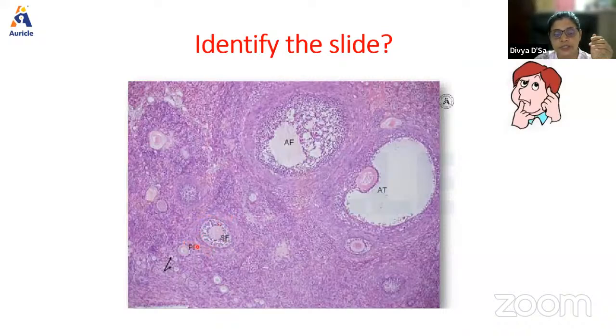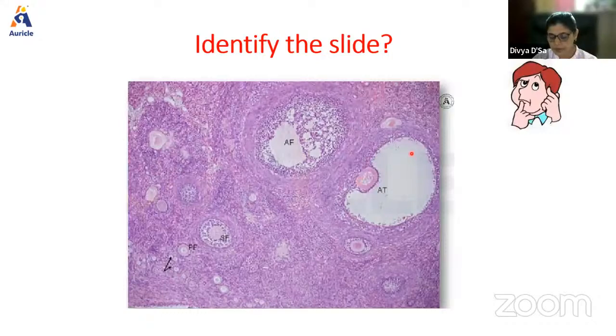Sorry, this is the primordial follicle. This is the primary, there is the secondary follicle. This is the tertiary follicle. By the time the tertiary follicle stage is reached, the secondary oocyte is pushed to one corner, and a large antrum is formed.